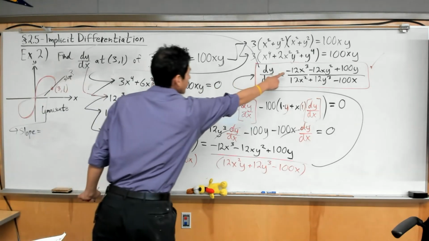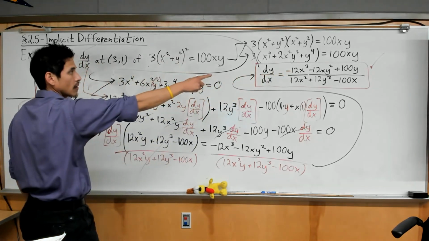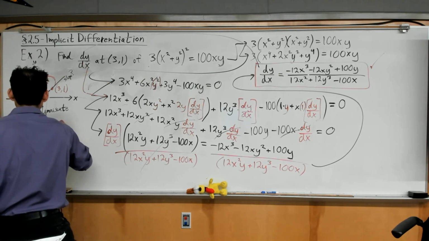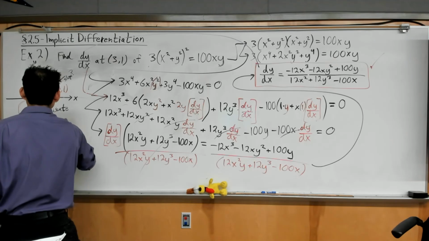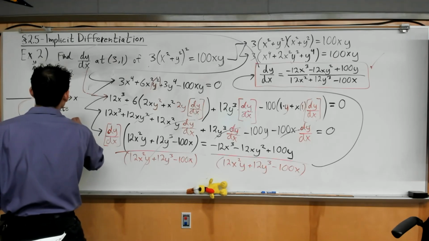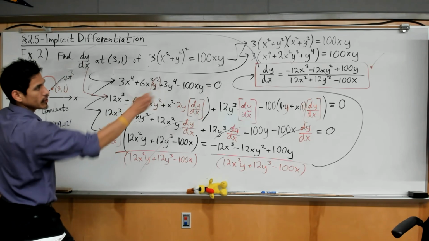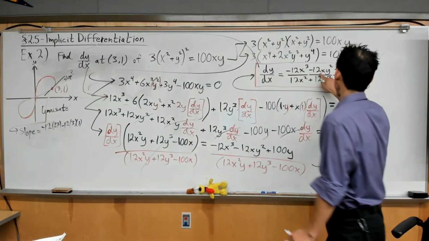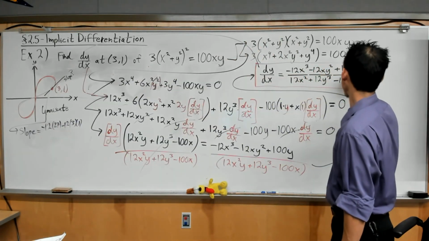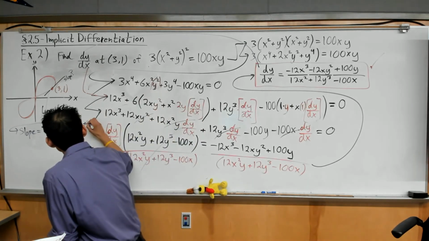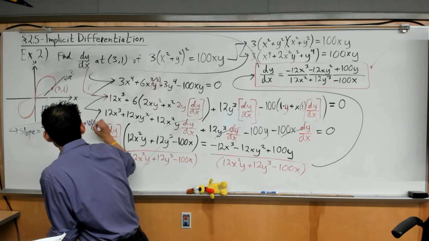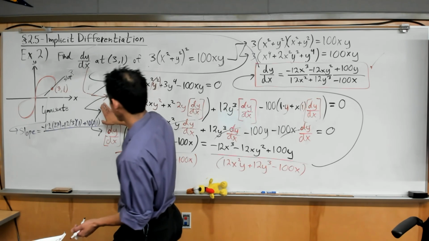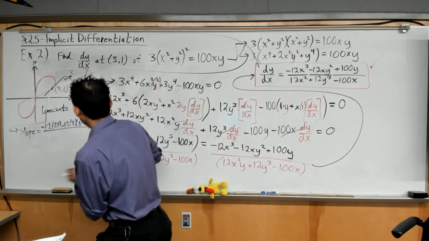Slope equals, okay, so negative 12 times 3 times 3 times 3. So negative 12, 3, 9, 27, right? Minus 12 times 3 times 1, plus 100 times 1. Can I erase this arrow, because it's in the way?